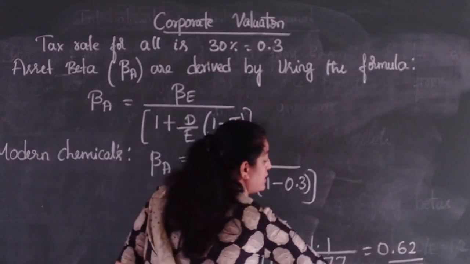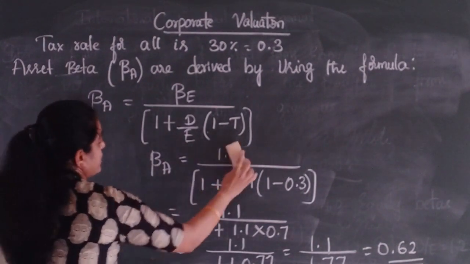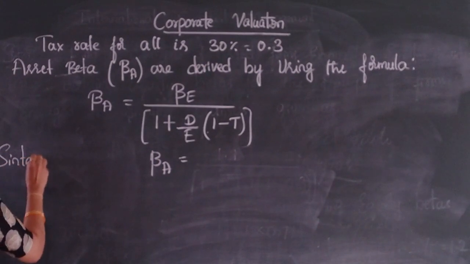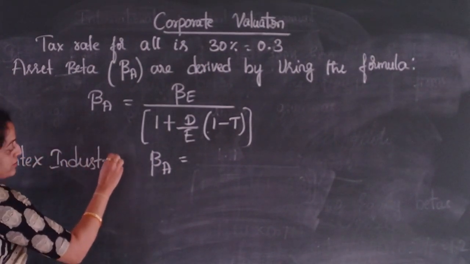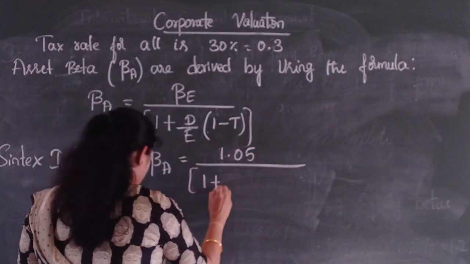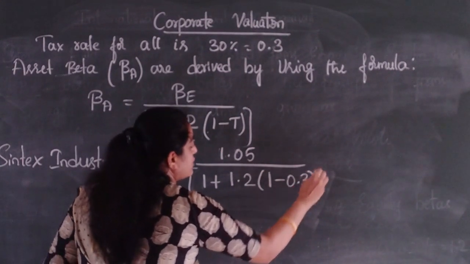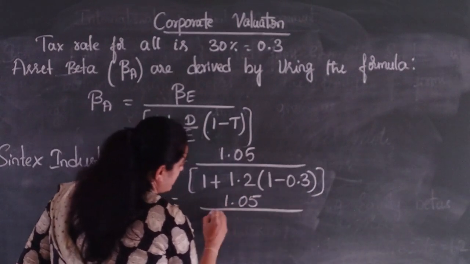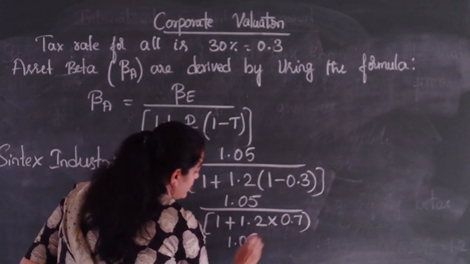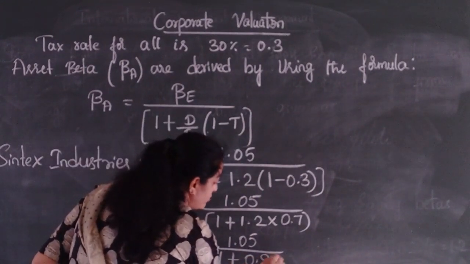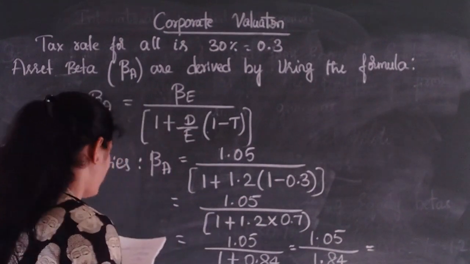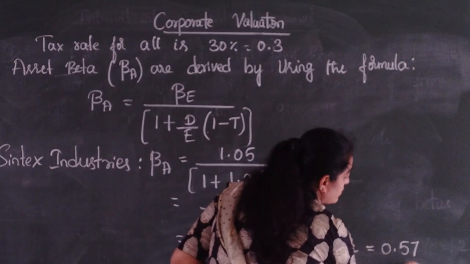The third one is Syntex Industries, beta A of Syntex Industries. 1.05 divided by 1 plus 1.2 into 1 minus 0.3, that is 1.05 divided by 1 plus 1.2 into 0.7, 1.05 divided by 1 plus 0.84, 1.05 divided by 1.84, which gives the asset beta of Syntex Industries as 0.57.